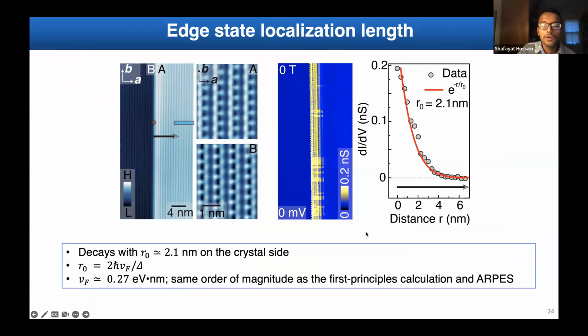We can also measure the localization length of the edge state as a function of distance. We see that the localization length is about 2 nanometers, which also matches the first principle calculation and ARPES reasonably. There is an exponential decay of the edge state on the crystal side of the sample.